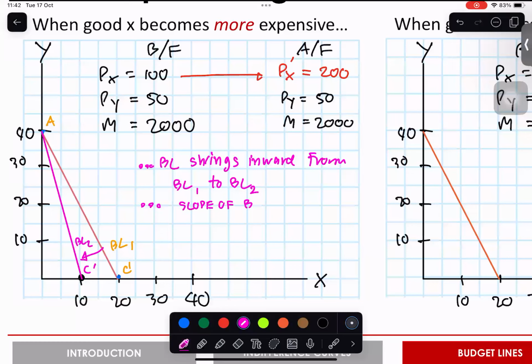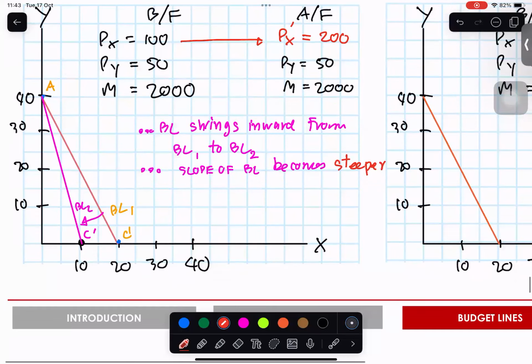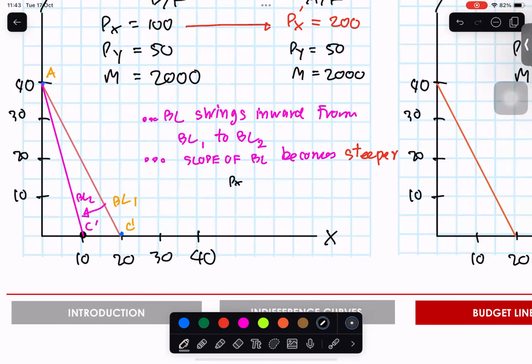Slope of BL becomes steeper. Magnitude. Shall we check then about this thing? Before it was 100 divided by 50.